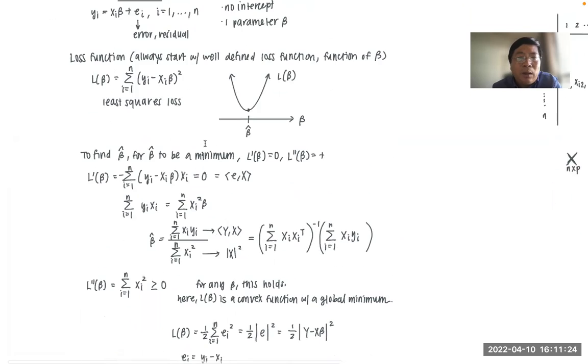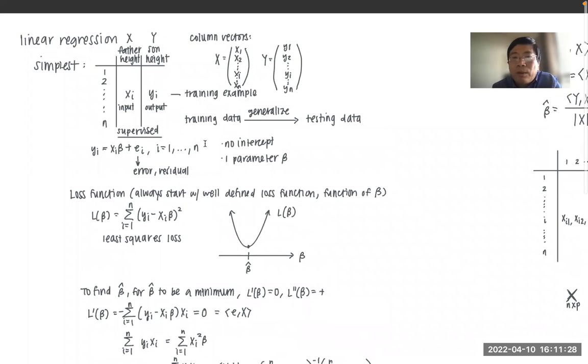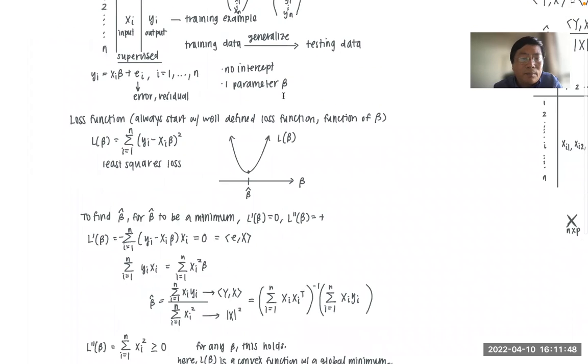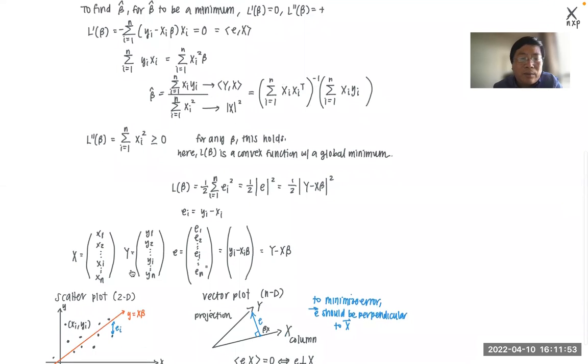Okay, so now let us view this simplest regression problem from a different perspective, the column vector perspective. We use x as an n-dimensional column vector from x1 to xn, and the capital Y as an n-dimensional column vector from y1 to yn. And from a vector perspective, we have x and y, and then we also have e.